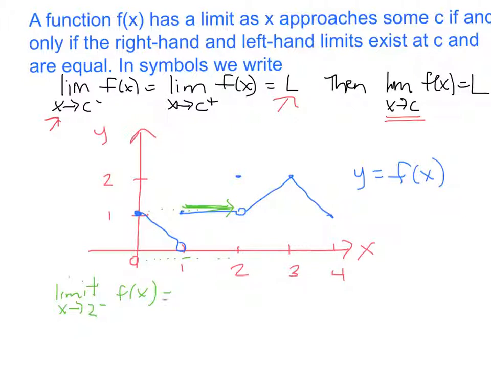So my limit as I approach 2 from the left is 1. I'm going to approach it from the right. I'm going to look at these x values and see what's happening to my function now. Well, once again, as I get closer and closer to 2 on the right-hand side, I'm still approaching that same 1. So the limit as x approaches 2 from the right-hand side is also 1.